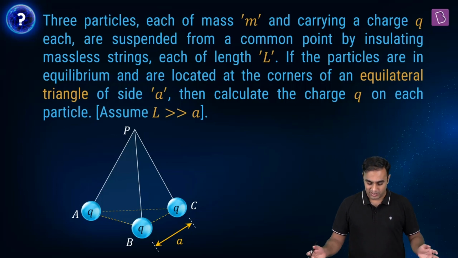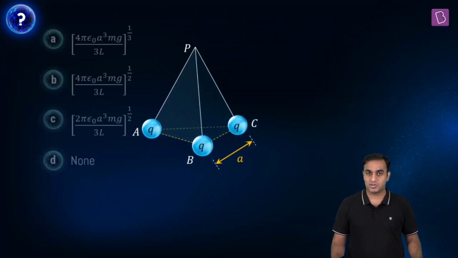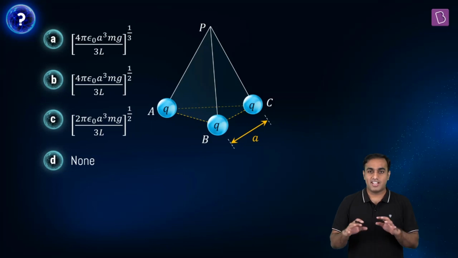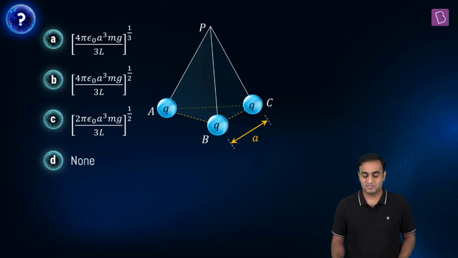Well, here is the diagram and these are the options given. We are supposed to find the charge on each of these particles so that each one of them is in equilibrium. That should tell you that you have to apply Newton's second law to establish an equation to obtain the small q value.